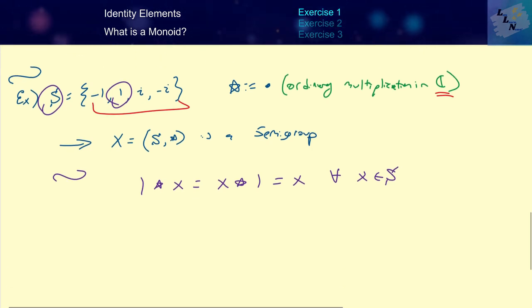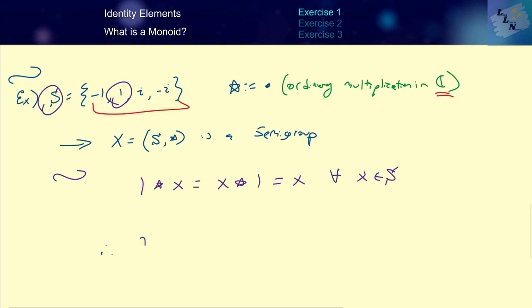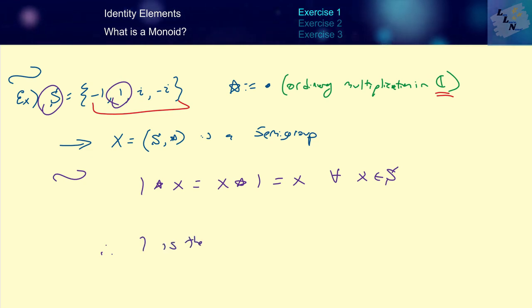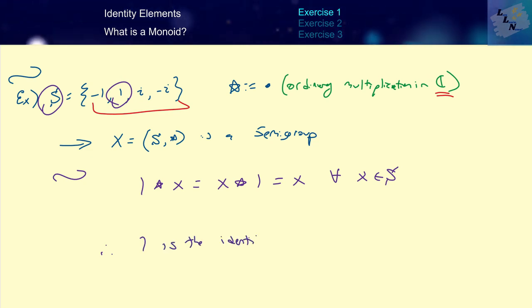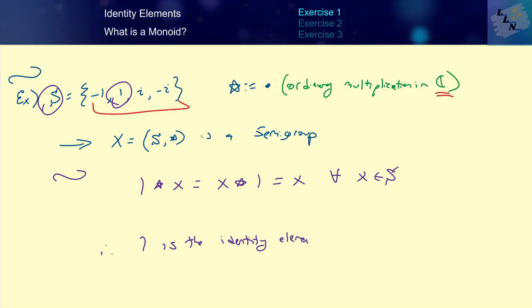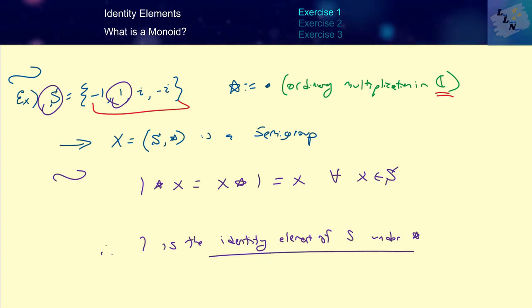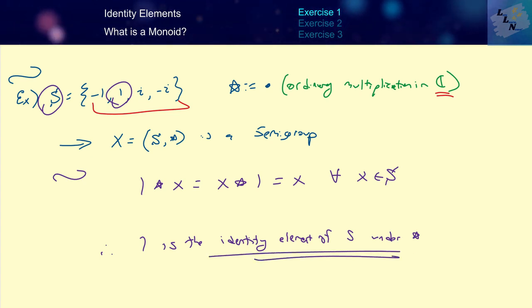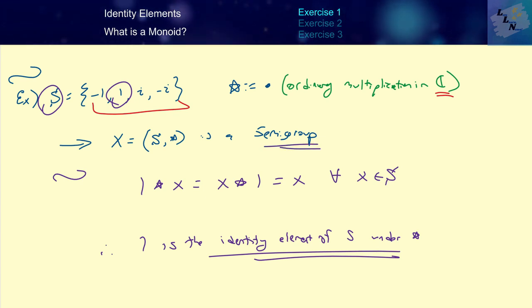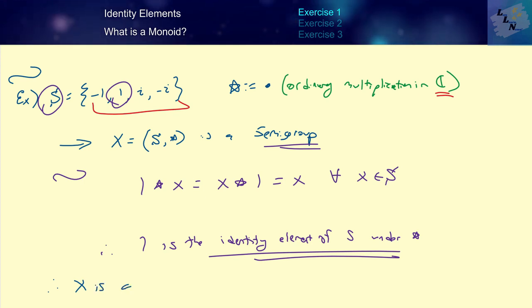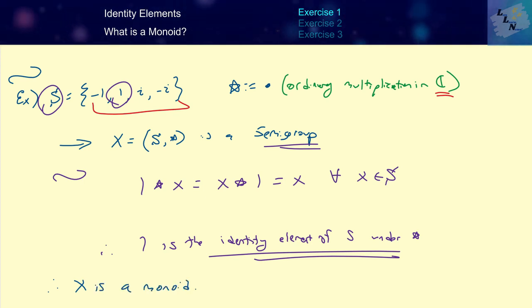So if that is the case, that means 1 is the identity element of S under star. So since we have an identity element for this particular set S, and X is a semigroup, therefore X is a monoid.